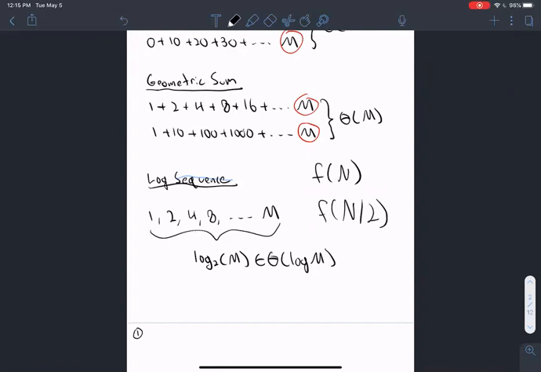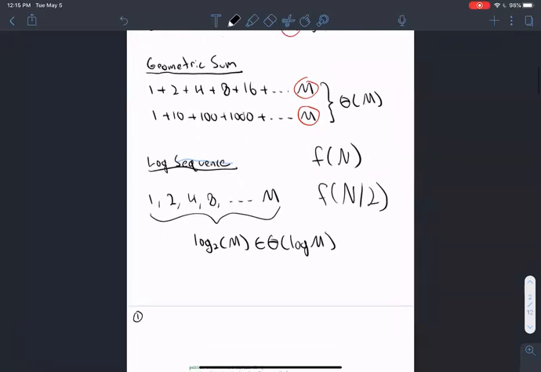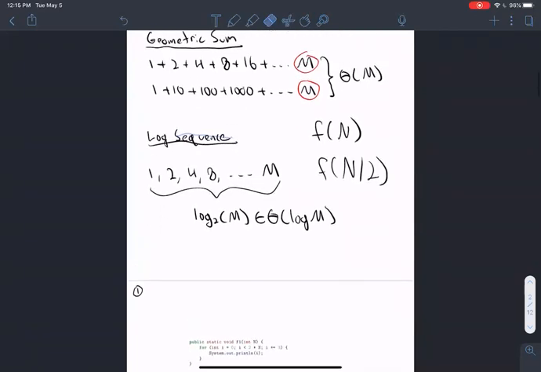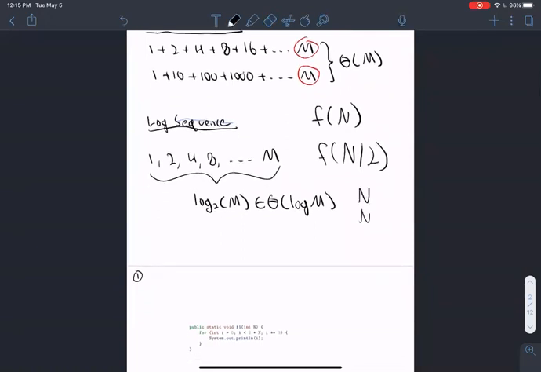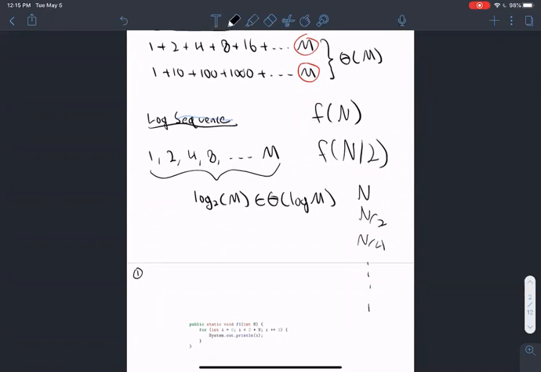Then you create some tree, and the height of your tree is log n, because the first level is n, and then the next level is n over 2, and then n over 4, all the way to 1, or maybe 0. Does that make sense? Yeah, thank you. Yeah, and we'll go over that tree part later.